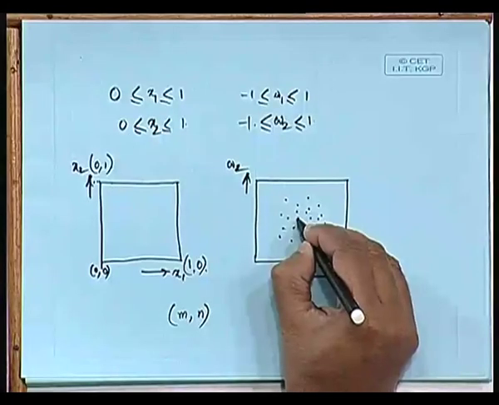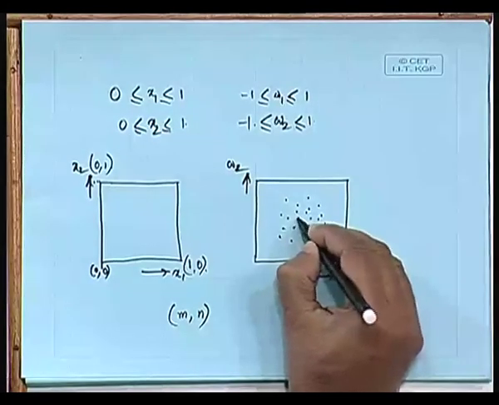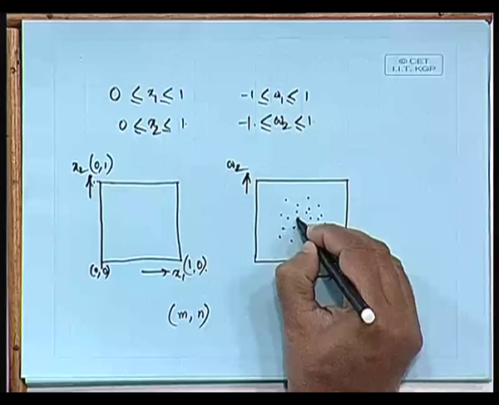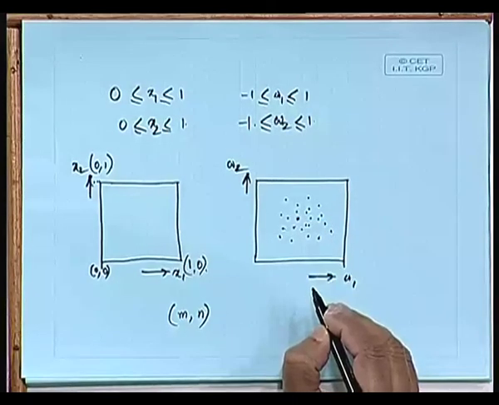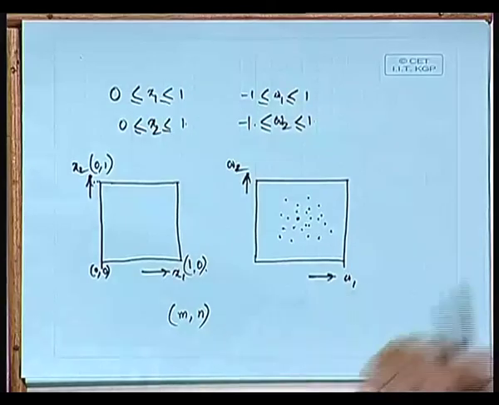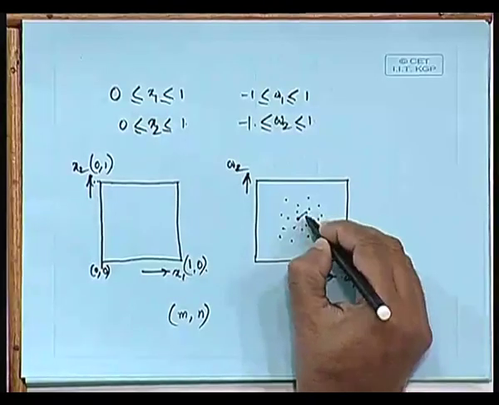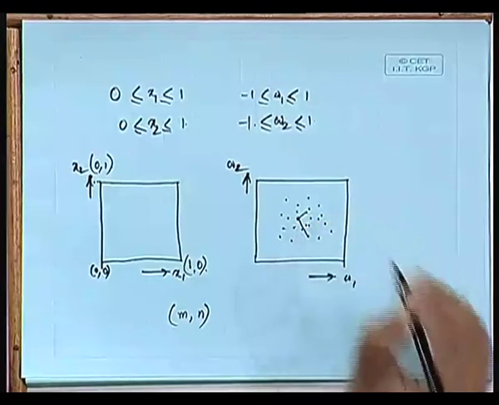So, supposing this is the neuron having index 0 0, the vector corresponding to that. Now, this is connected to the neuron at 0 1, this is connected to the neuron at 1 0. So, 0 1 supposing is here, and supposing 1 0 is lying here.